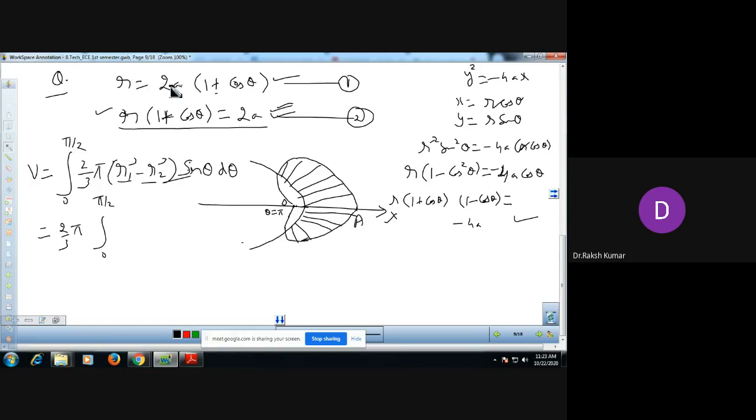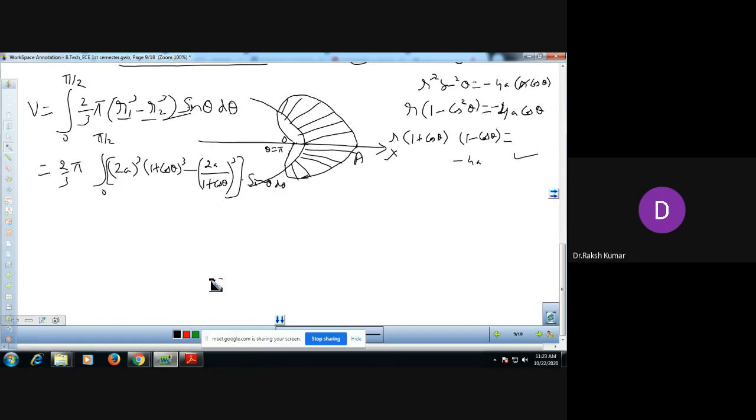So R1 cube means 2a cube into (1 plus cos theta) cube. And R2 cube, from this you can find, is (2a over 1 plus cos theta) whole cube, into sine theta d theta. So this is the way by which you can write down the terms.